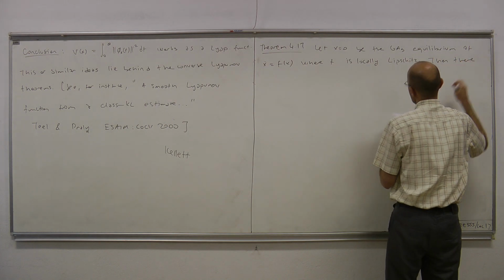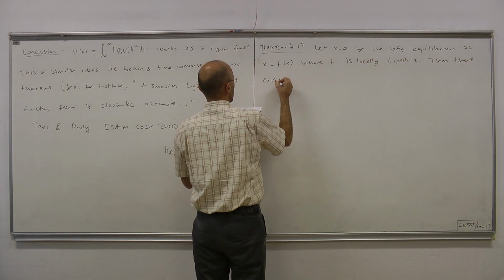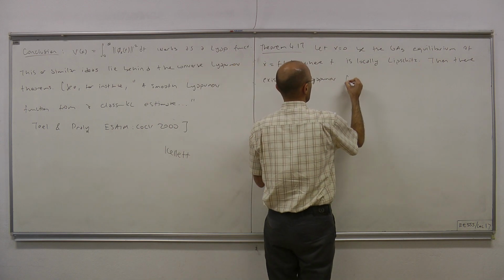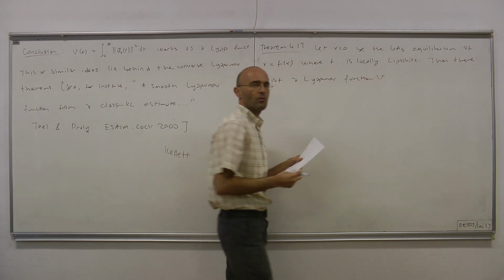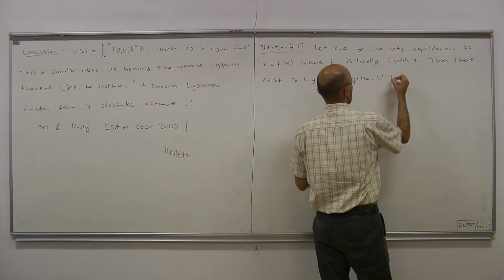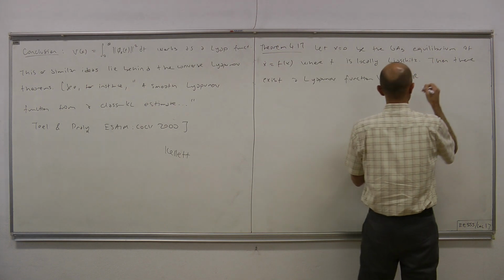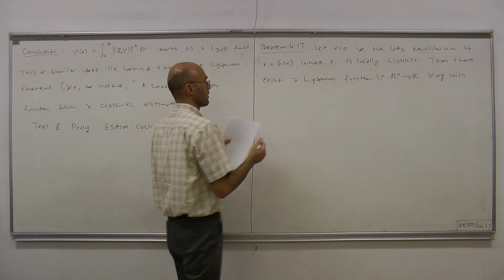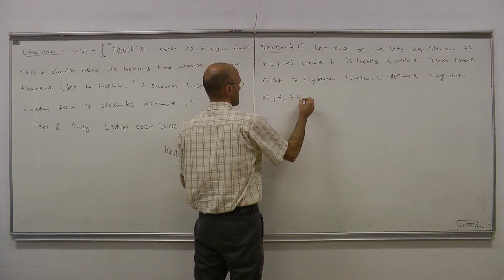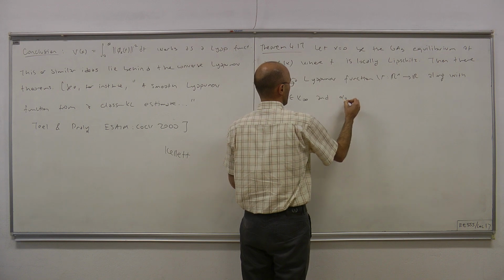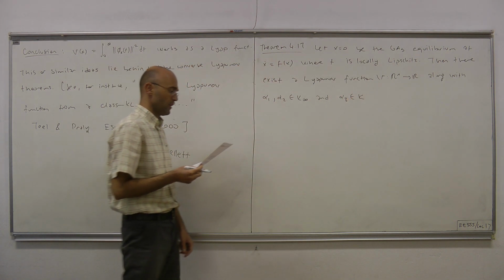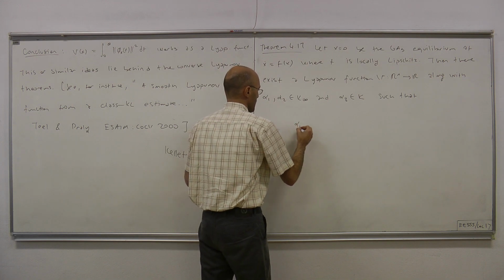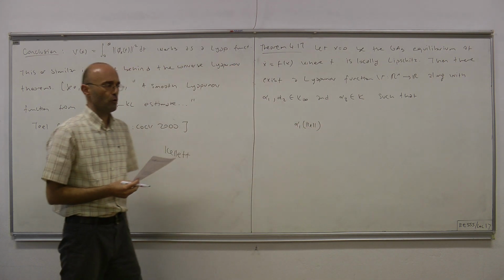Then it turns out you can always find a Lyapunov function V from R^n to R, together with comparison functions alpha 1, alpha 2, and alpha 3 of class K, such that you have the following conditions satisfied.